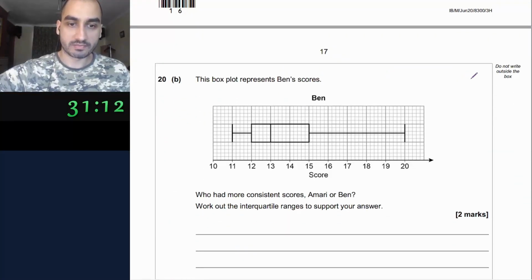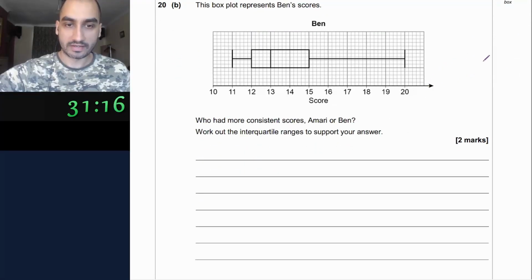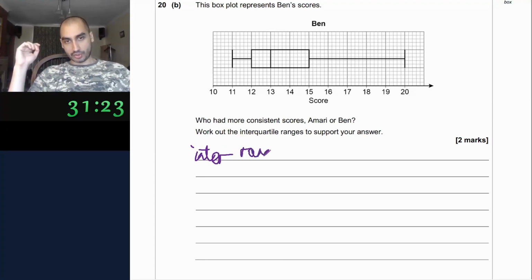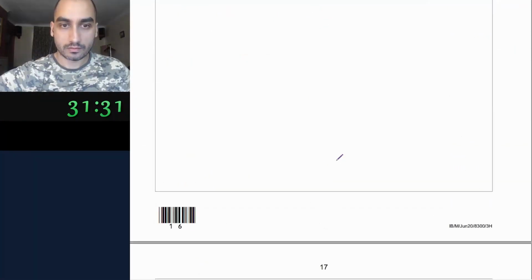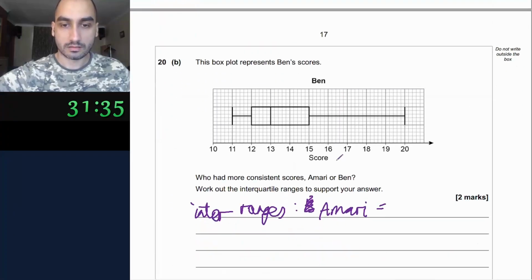This box plot represents Ben's scores. Who had more consistent scores, Amari or Ben? Work out the interquartile ranges. Okay. Interquartile range, Amari equals 19 minus 13.